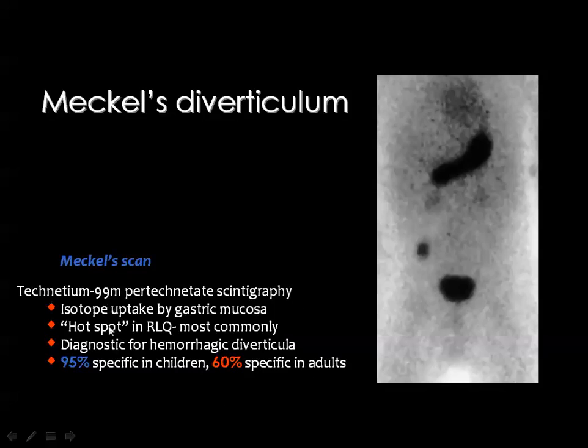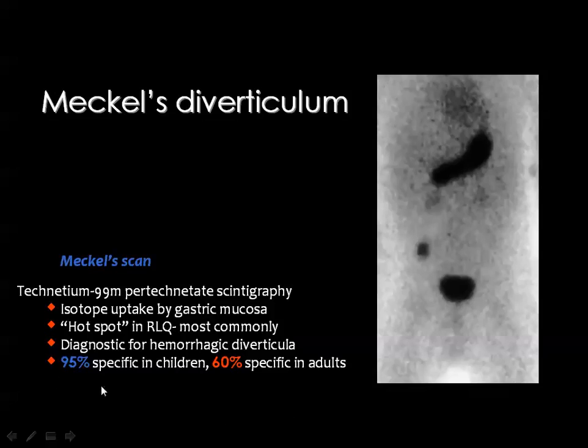The isotope is taken up by the gastric mucosa, and if you can see a hot spot in the right iliac fossa or in the right lower quadrant of the abdomen, you can assume that this hot uptake is taken by the ectopic gastric mucosa in the diverticulum itself, and this can be used to confirm the diagnosis.